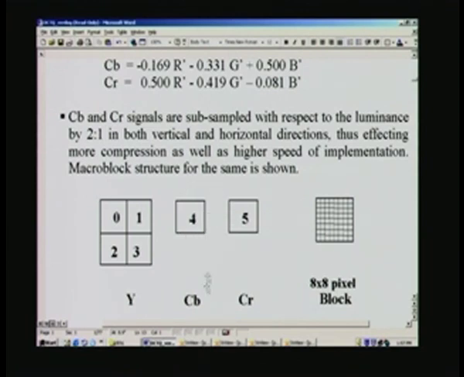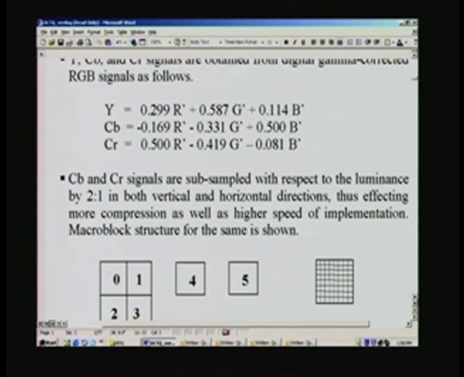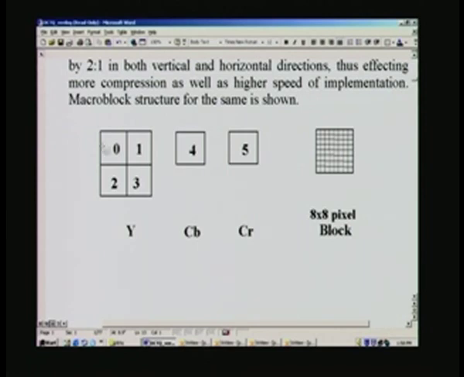This corresponds to one color component, CB, and similarly there is one more component, CR. CB and CR are derived by the expression we have already seen. Notice that all the RGB components are embedded in this, so do not seek a one-to-one correspondence. Are we clear here?